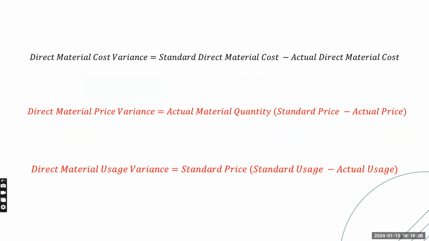Okay, so direct material cost variance is simply the difference between the standard direct material cost and the actual direct material cost. In the direct material cost variance, we take the standard cost and the actual, compare and get the variance. So this cost, further we'll break it out into two based on the price variance and the usage variance.